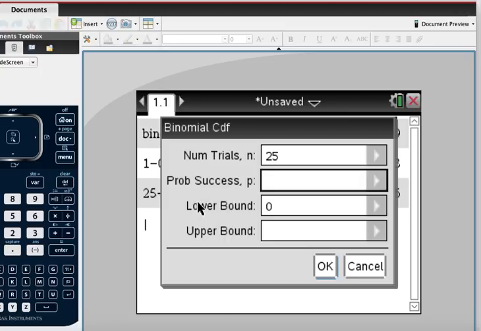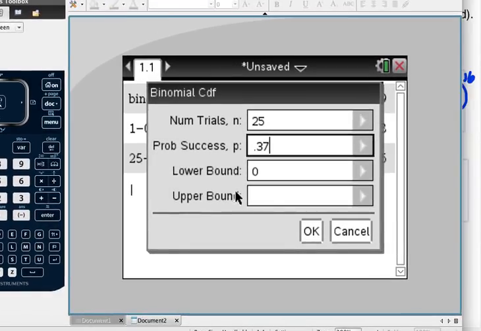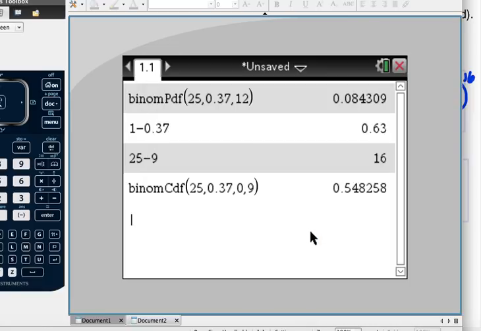The probability of success is still 0.37. But now we have an option for a lower bound and an upper bound. That is what these numbers are. So your lower bound would be 0 and your upper bound would be 9. Because again, if we're less than 10, strictly less than 10, it's going from 0 to 9. And then hit OK, and there's your answer, 0.548.